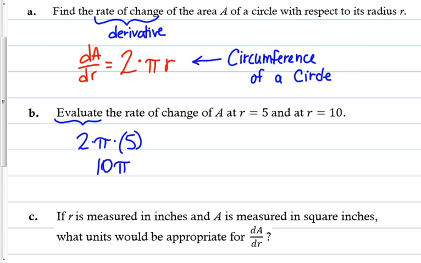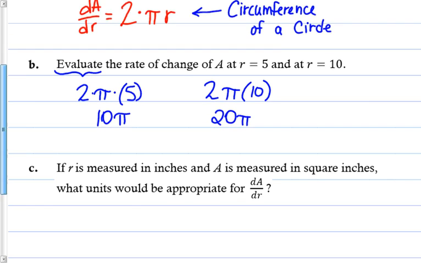This is the derivative with the 5 plugged in. And then 2 times pi times 10, which is 20 pi. Okay, so when they ask you to evaluate at a certain point or a certain value, you're just plugging in.